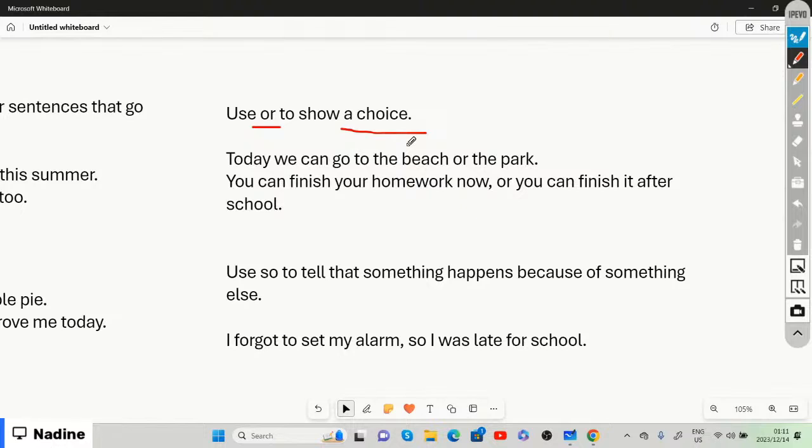So today we can go to the beach or the park. It's almost like saying you need to choose based on the weather. Do you want to go to the beach or do you want to go to the park? So it's a choice that you have.